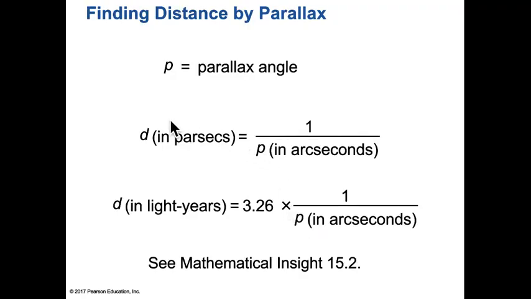And that specific equation is this. The distance to that star of interest is 1 divided by the angle. Now the angle here is going to have to be in arc seconds, and the distance is going to have to be in parsecs.